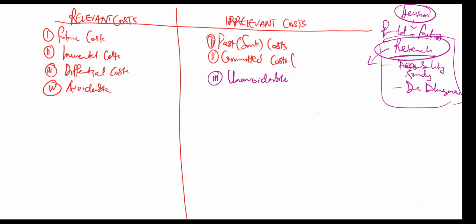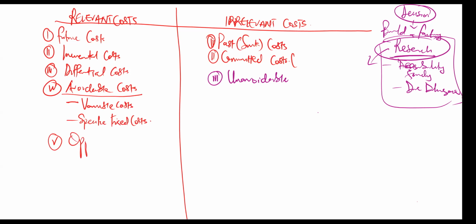Now I'll come and explain avoidable costs, because we use avoidable costs to take decisions. So avoidable costs are broken into two. Variable costs: all variable costs are avoidable costs. Then we have project specific fixed costs, right? Then we have opportunity costs.